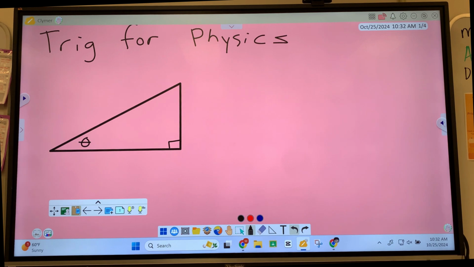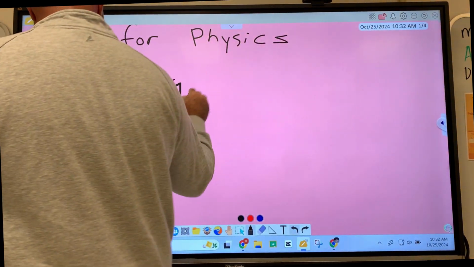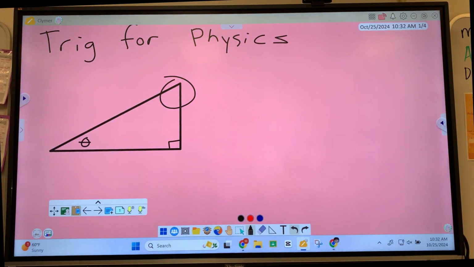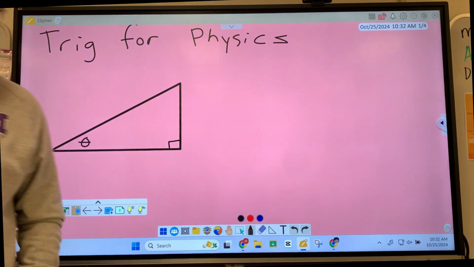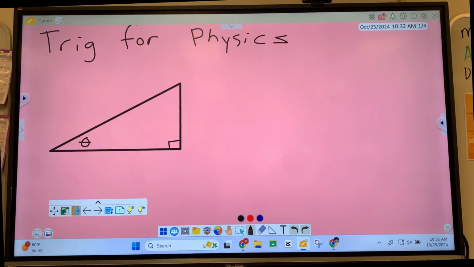Okay? We're always going to relate to one or another of the angles on the triangle that is not the right angle. So you have theta here listed. You also have another angle here. But generally, we're just going to talk about one of the angles on a triangle, and I'm going to call that angle theta if I don't know what it is or if I'm just trying to describe it.